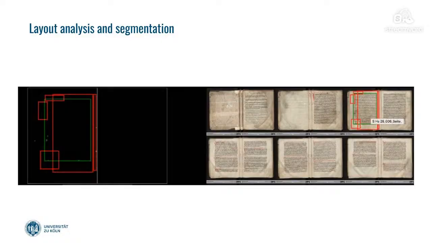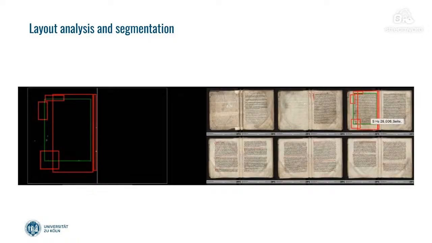And the pre-processing usually consists of layout analysis and segmentation. So usually when you look at the digital facsimile, you will see the background of the page as well. So to not cut off any of the page, you will usually photograph the entire manuscript with some black background or some background, so you do not lose any information.